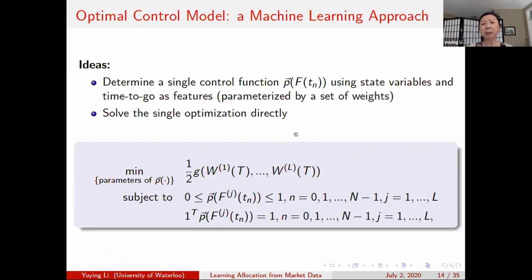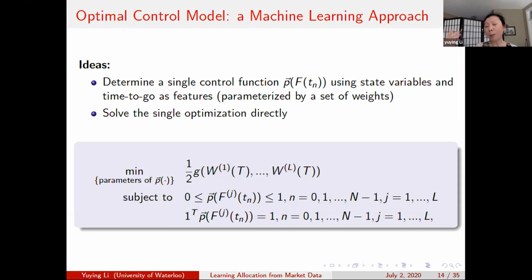The optimal control will be a function of the feature at a particular rebalancing time. The feature or state variable for my optimal control in this pension allocation problem could be the wealth of my strategy at this time point, as well as how much time is left to go.